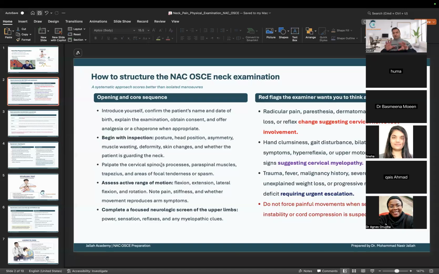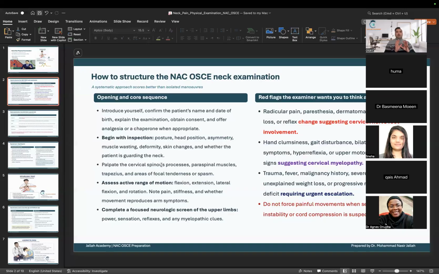Then for the focused inspection, one more thing before we go to focused inspection. For the general inspection, you need to inspect the patient from the front, from the side, and from the back. This is commonly mistaken by IMGs. It's a common mistake, but it might cost you a little bit when you're performing it in the station.